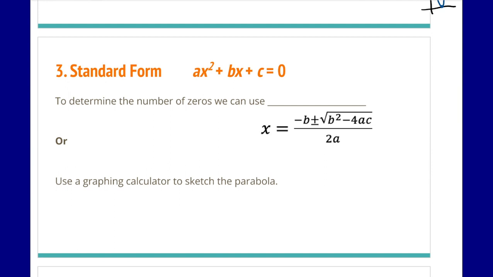In the third form, standard form, what we can do is go through and determine the number of zeros. We can use the quadratic formula, which we looked at in the previous lesson.